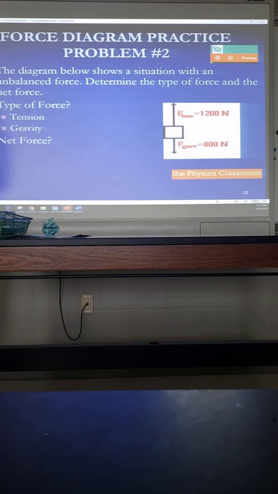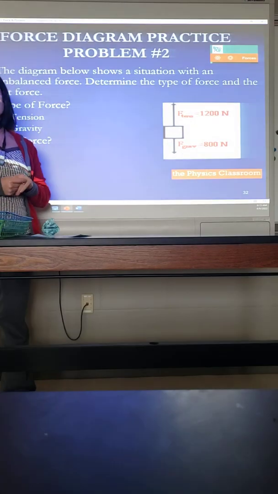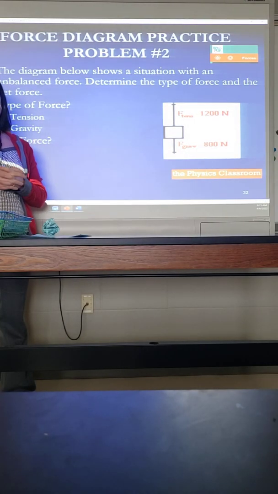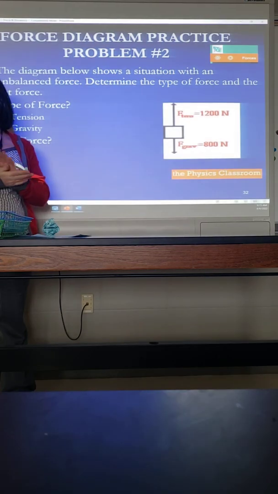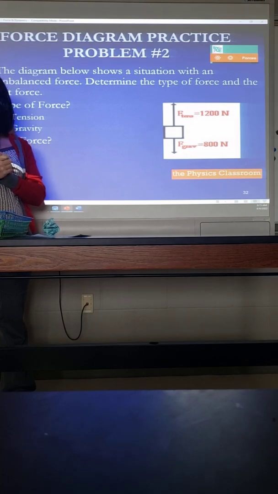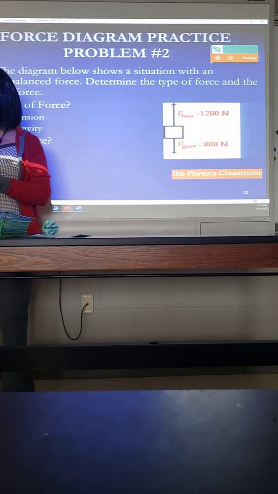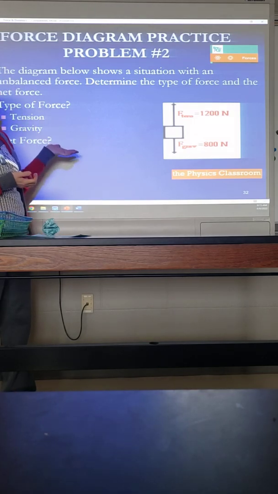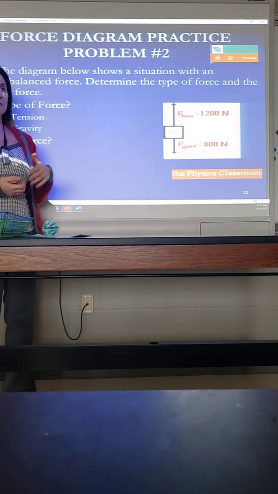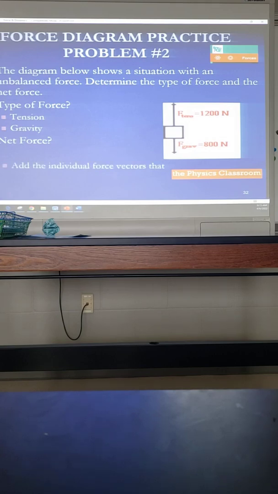What's going to be the overall force acting on this object? Those forces are working in opposite directions, so are we going to add them up, or are we going to subtract them? What do you think, Cade? They're in opposite directions, so if we just take our 1200 minus our 800, we should end up with 400 newtons.